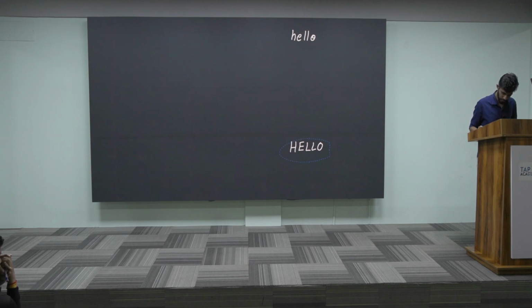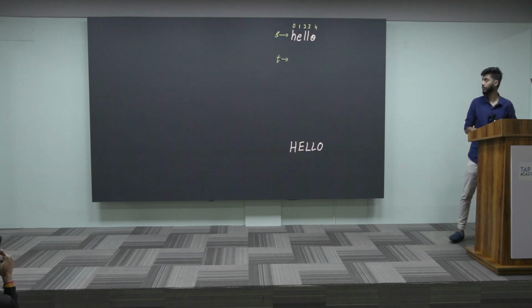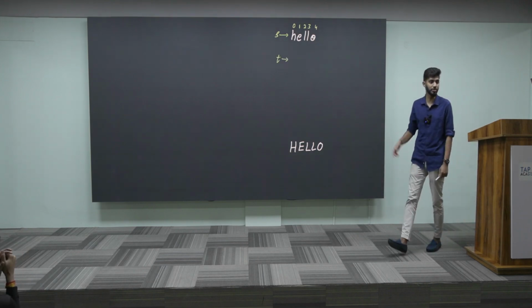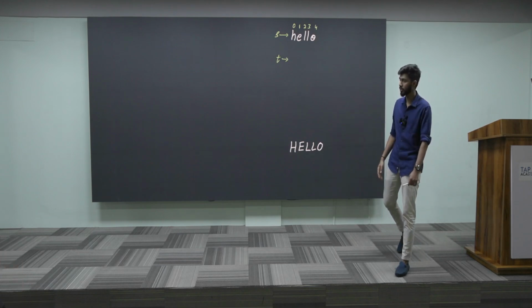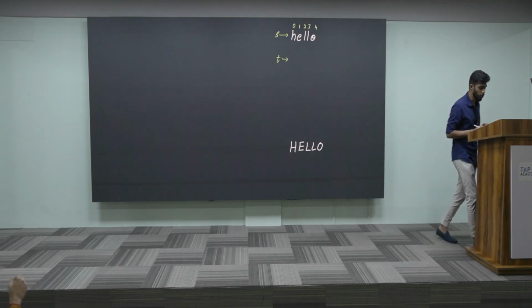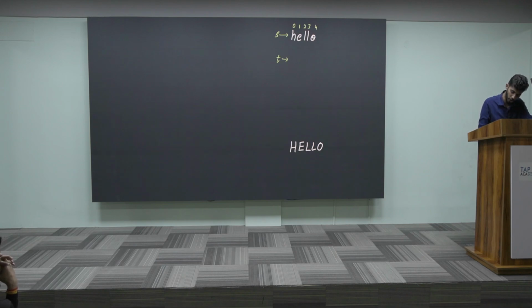So we will consider this as our string S. Indexing is 0, 1, 2, 3, 4. And we need to consider one string, so T is an empty string. Please close your books. First of all, we need to know the ASCII or the Unicode value of uppercase characters.